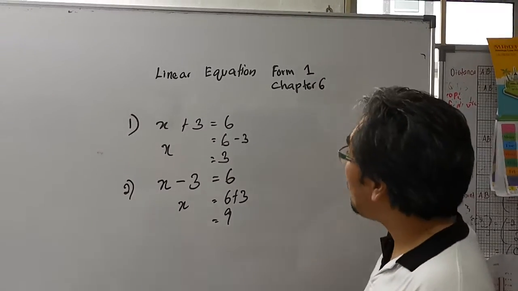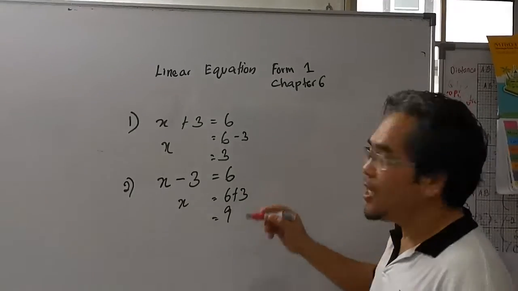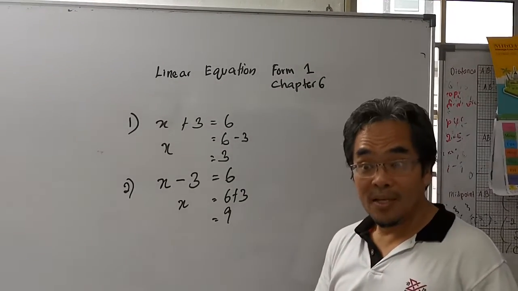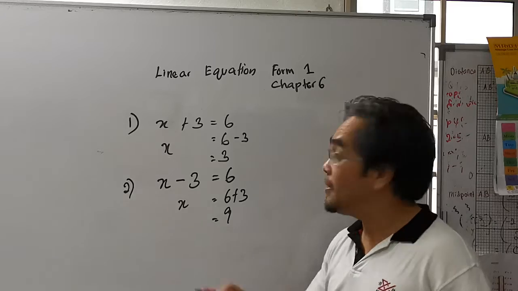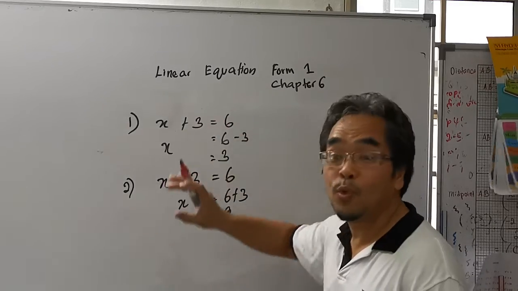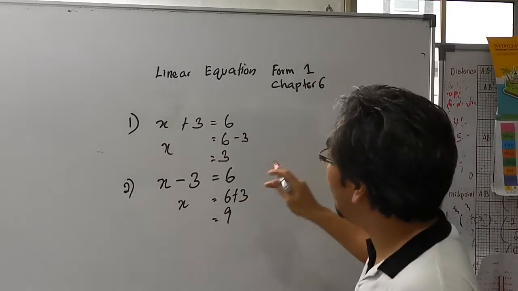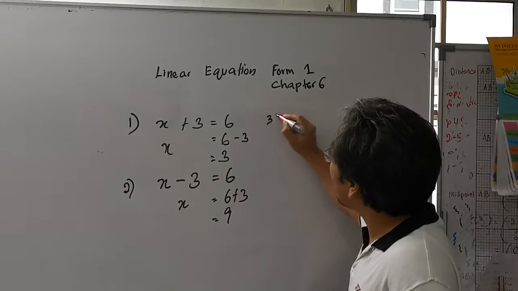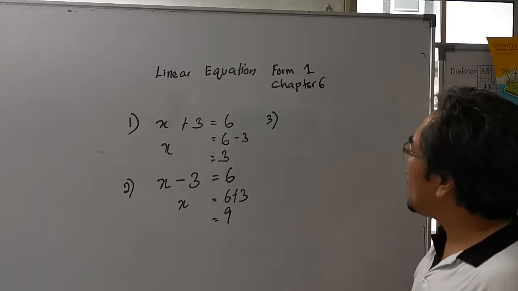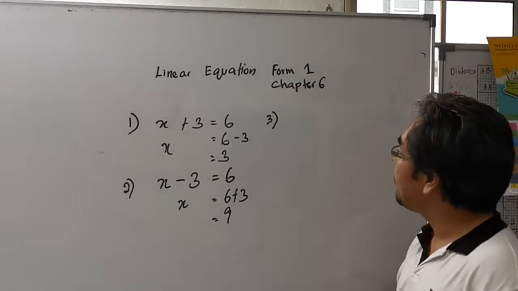Understand? Because later on, let's say we have big numbers, so you can never guess anymore. You have to move like I'm doing here. Okay, number 3. What happens if we multiply?